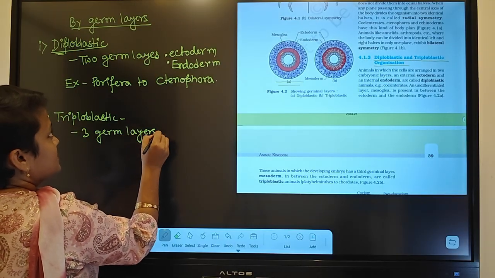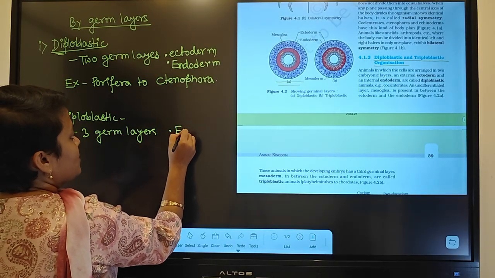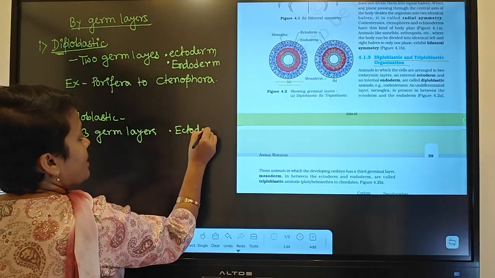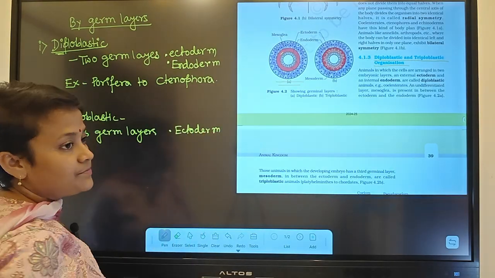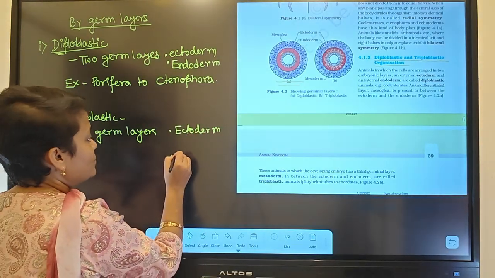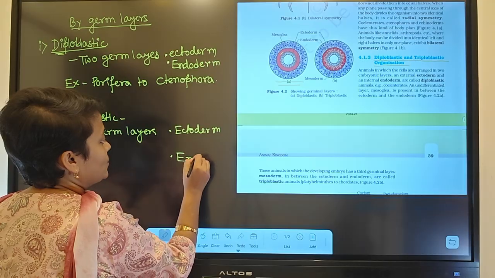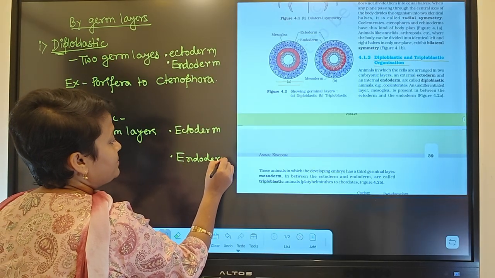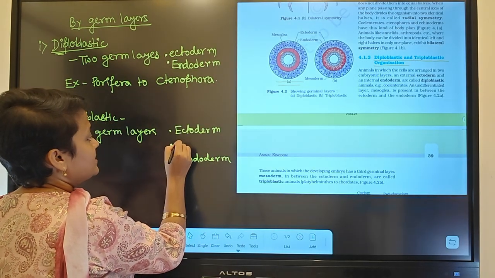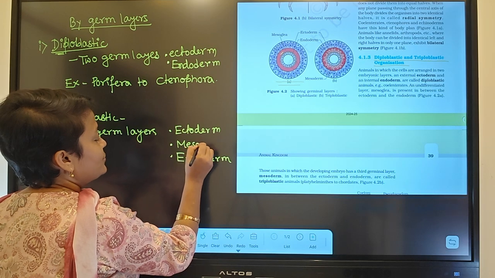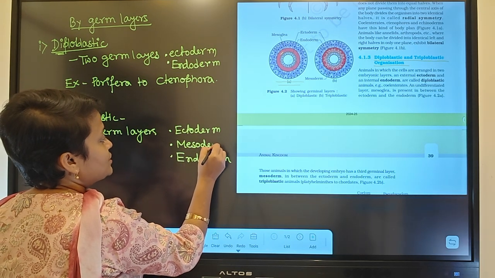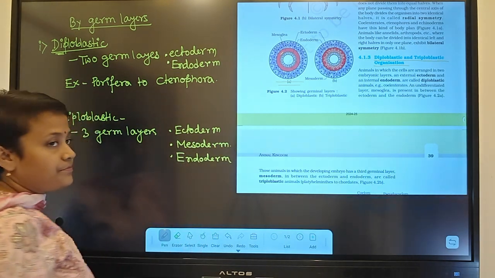What are those? First there will be ectoderm on the outer side and endoderm on the innermost side. But in between the two there will be another cellular layer called mesoderm.